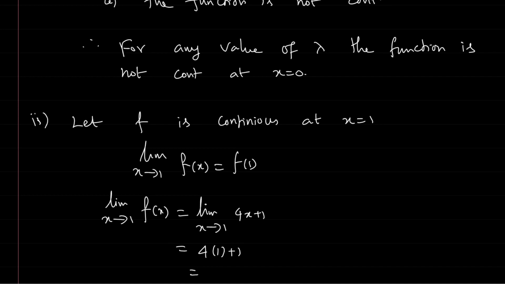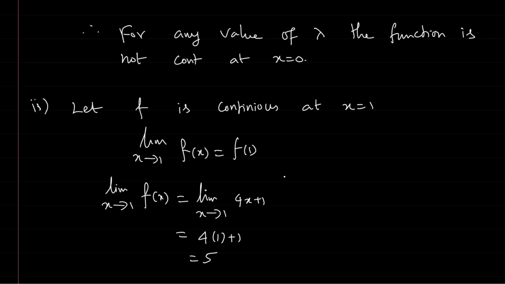By replacing x by 1, you will get 5. Now what about f of 1? Since 1 is greater than 0, again you can replace x by 1 in that function. Therefore again you will get 5.